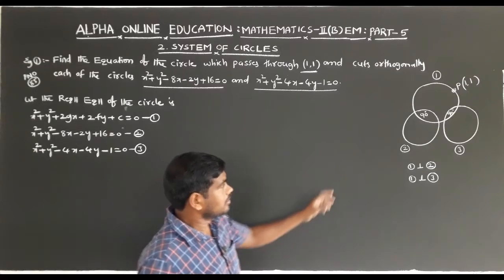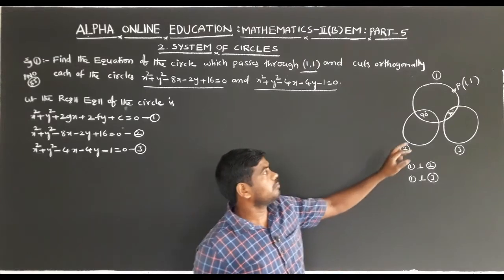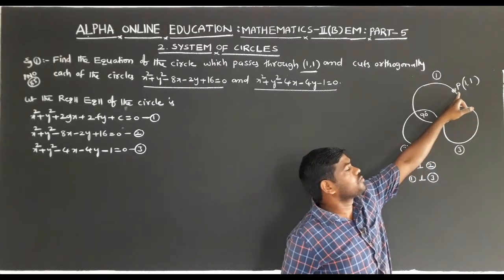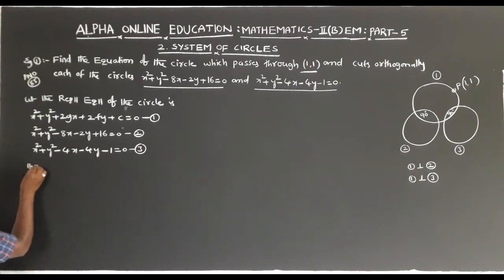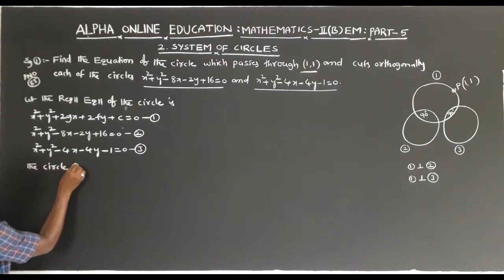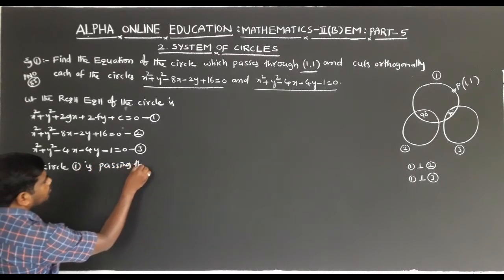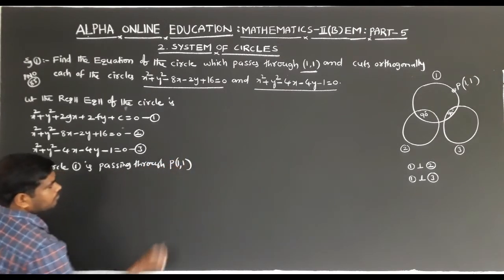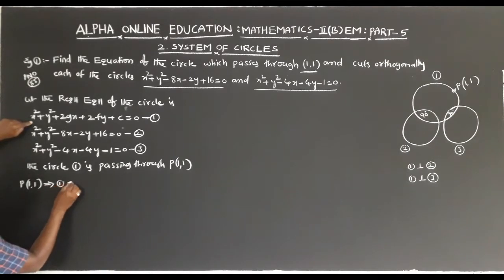First of all, circle 1 passes through the point P(1, 1), so (1, 1) is a point lying on the circle.